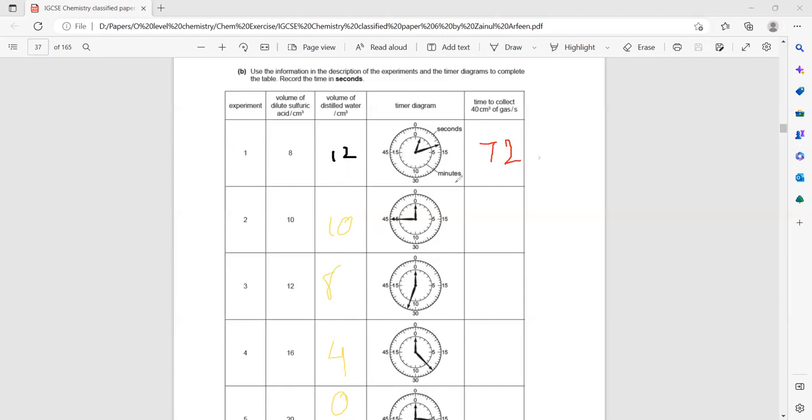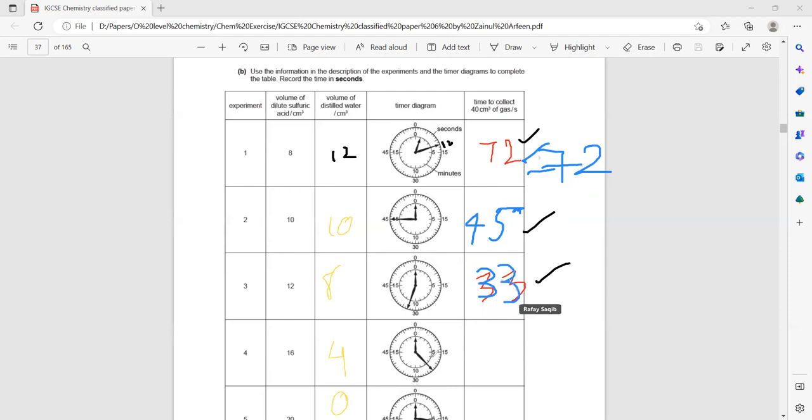And how to read this: this is representing a minute. So 1 minute and how many seconds? This is 12 seconds. So 1 minute is 60 plus 12, that is 72. This is 0 minutes and at the 45-second mark, so this is 45. This one is 0 minutes and at the 33-second mark, so this will be 33.